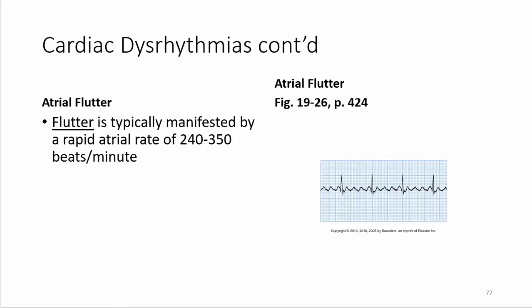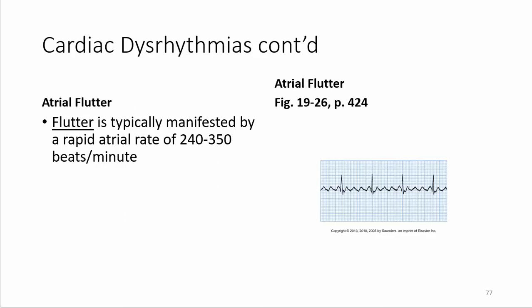Now, atrial flutter, and you may have seen this already in your practicum, is where the atrial rate goes way up. It's like an atrial tachycardia without the rest of the heart following suit. Atrial flutter is these rapid atrial contractions at a rate of over 200 beats per minute. Now it's going to have a profound effect again on atrial filling, and therefore ventricular filling.